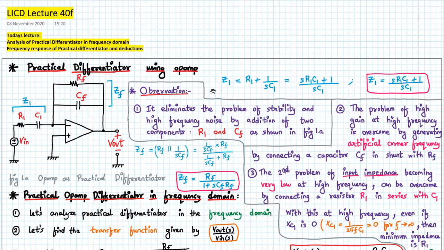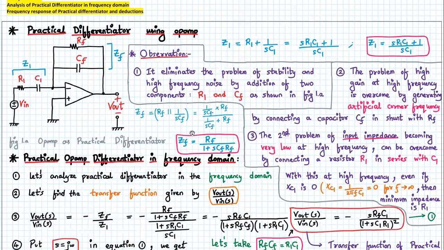Similarly, Z1 is a series combination of R1 and capacitor C1. So Z1 will be equal to R1 plus 1 upon S into C1. If you rearrange the terms, Z1 is equal to S times R1 C1 plus 1 divided by S into C1. So that's the value of Z1 and ZF.